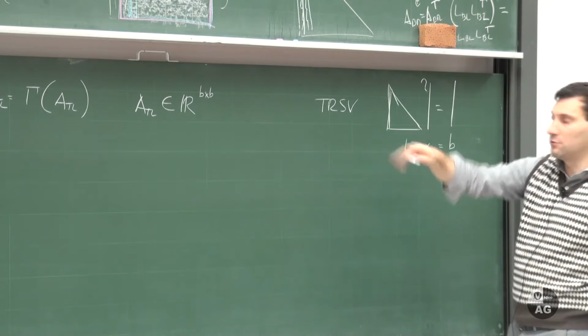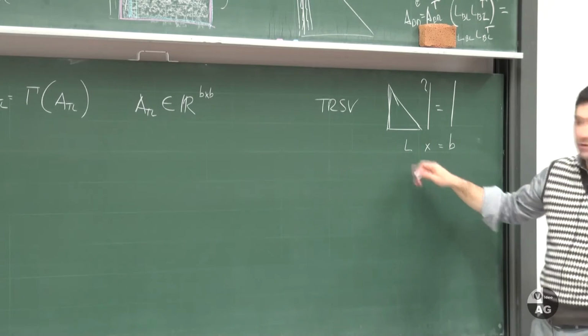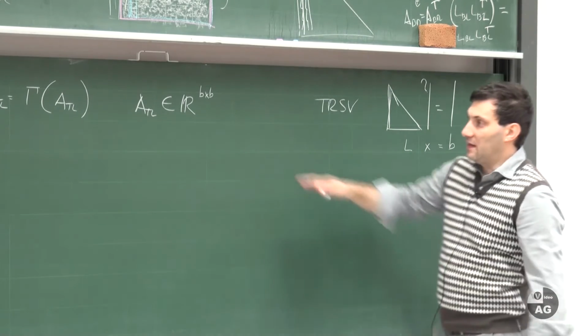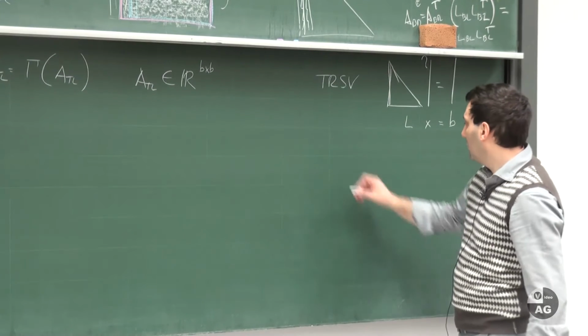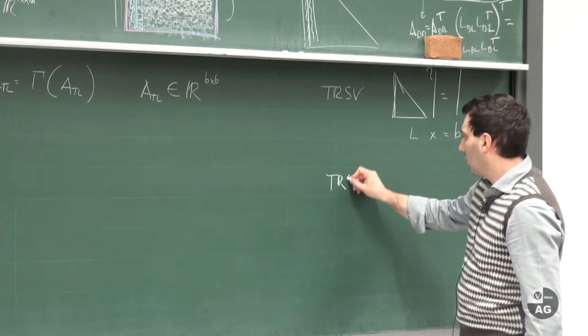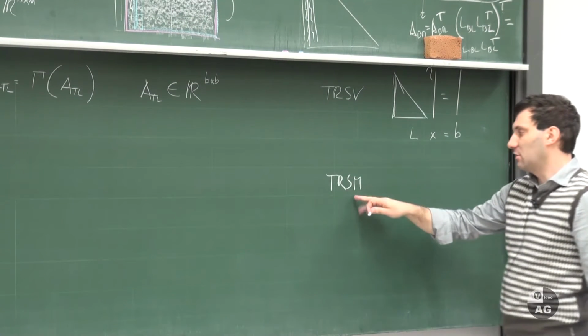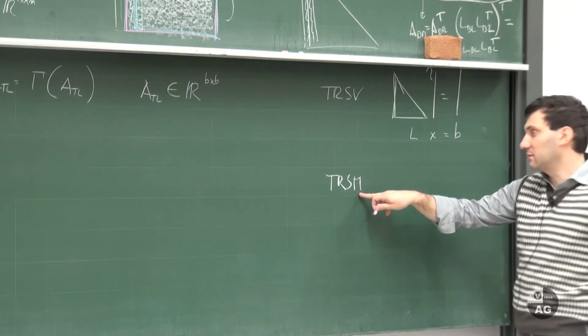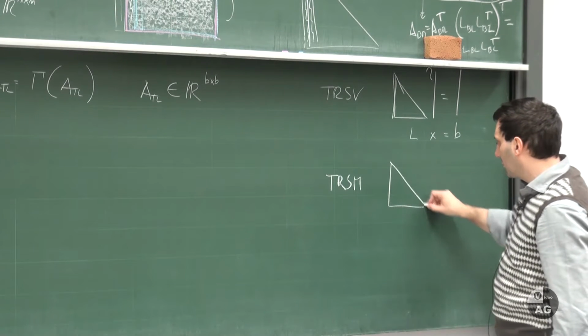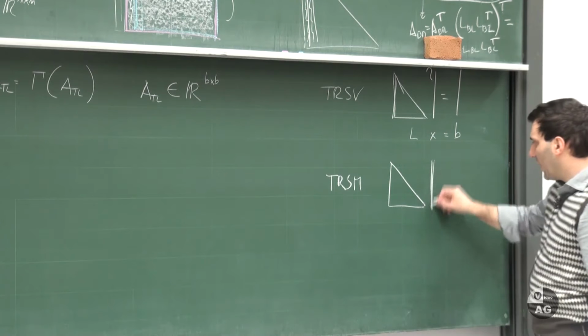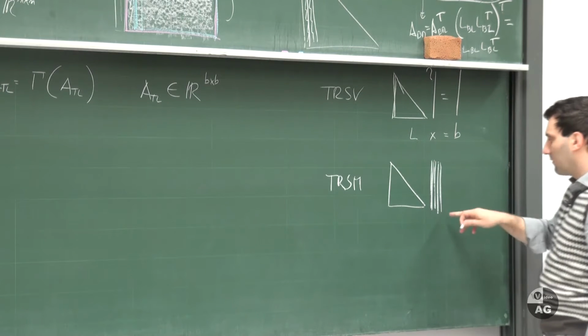This L has nothing to do with that L, it's just a triangular matrix. And now in the blocked variant, we have TRSM, triangular solve with multiple right-hand sides, which means we still have a triangular matrix, but now we have many right-hand sides.